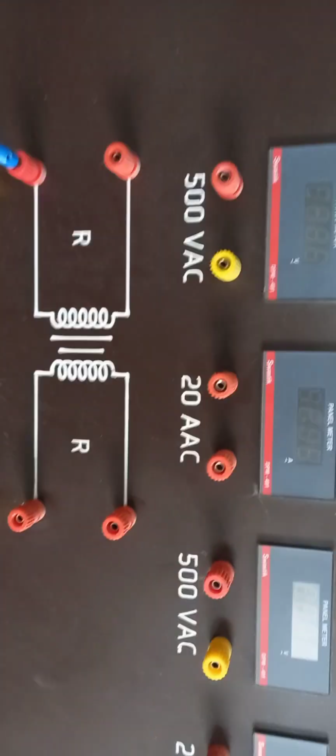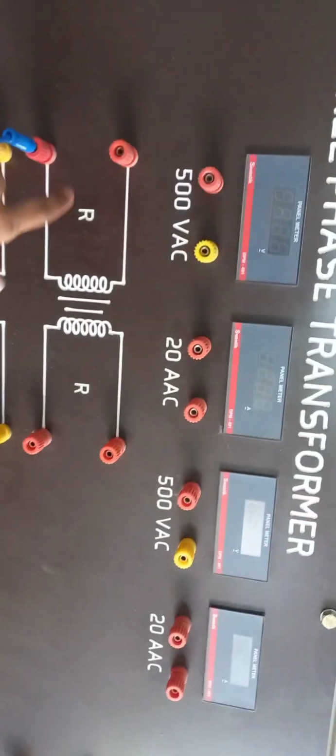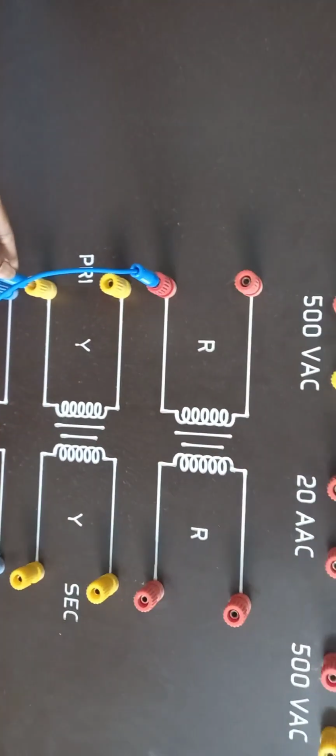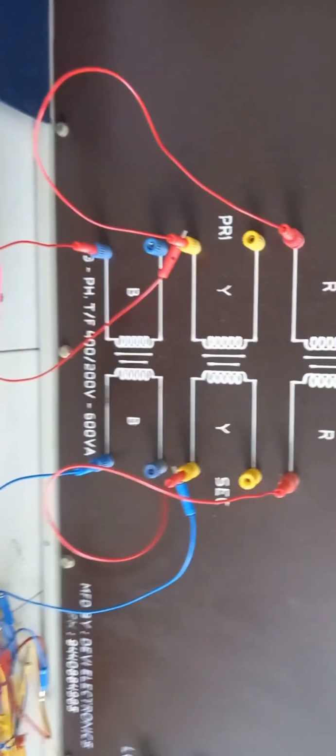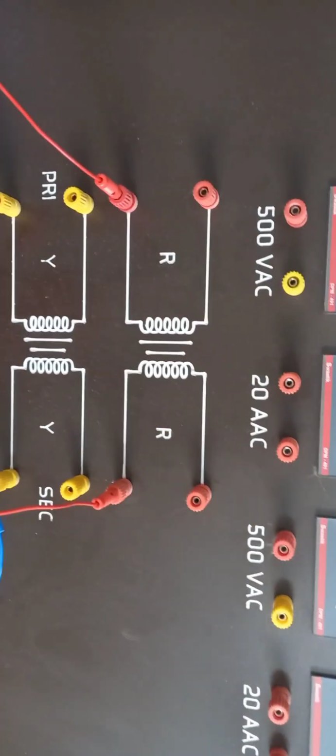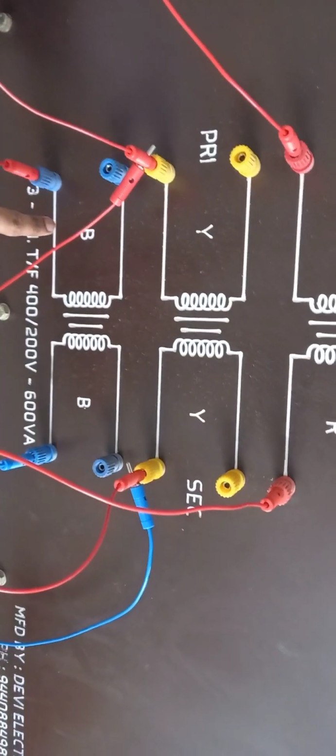Here, first phase second terminal to the second terminal of the second phase. You observe, on both sides I have connected star, star. So each and every phase, this one is R phase, this one is Y phase and this one is B phase.